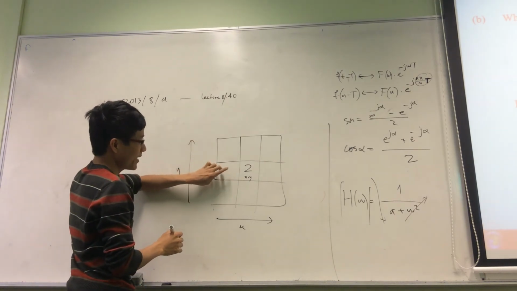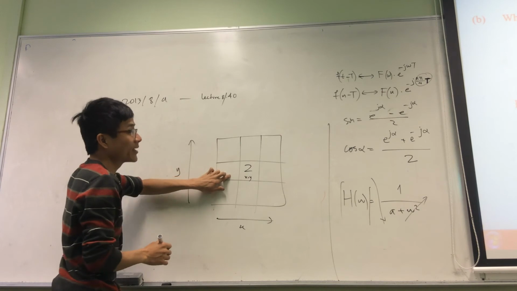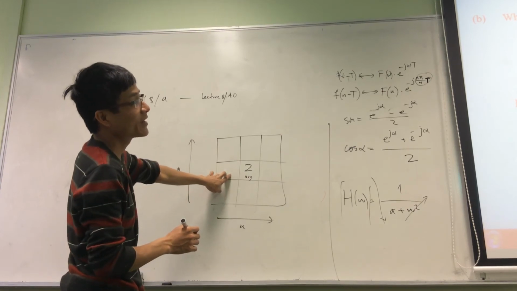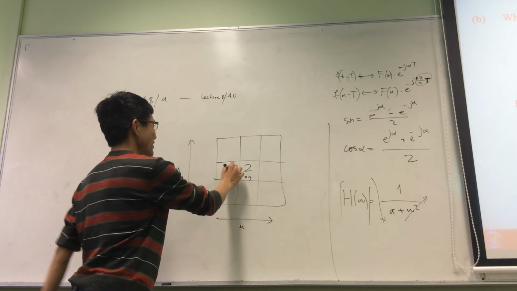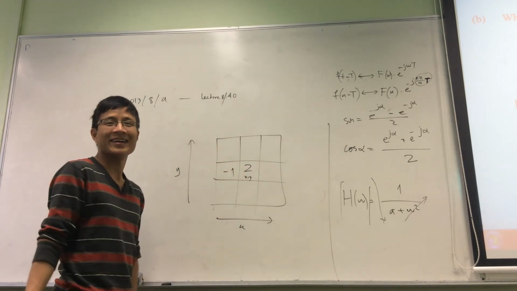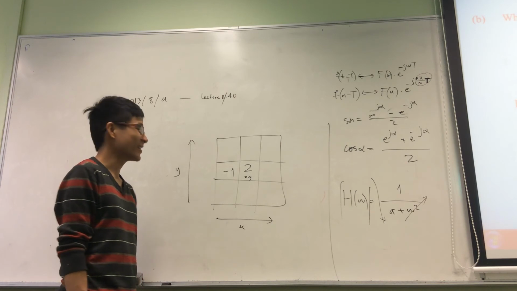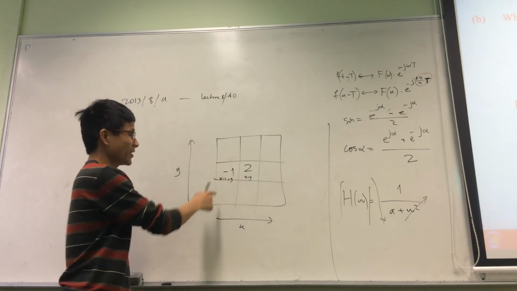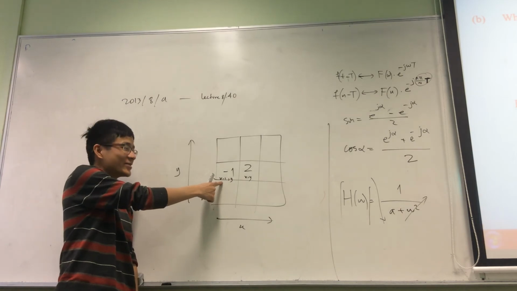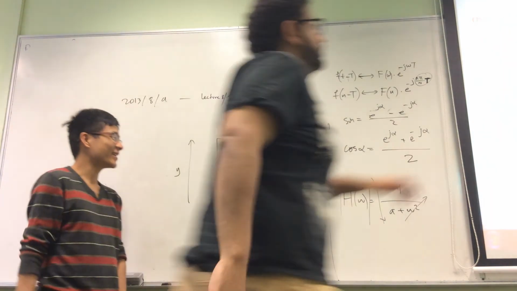This one will be x minus 1 and y. The second one is minus f(x minus 1, y). It's x minus 1, y.